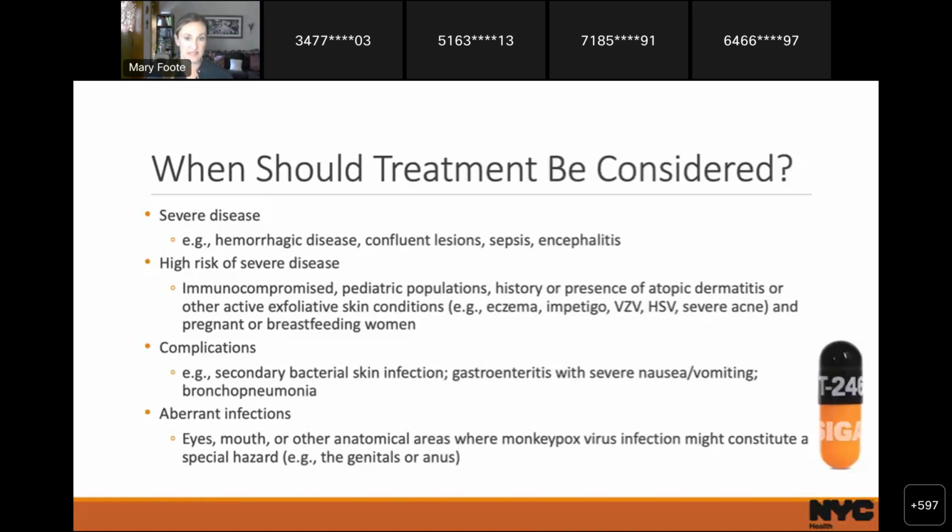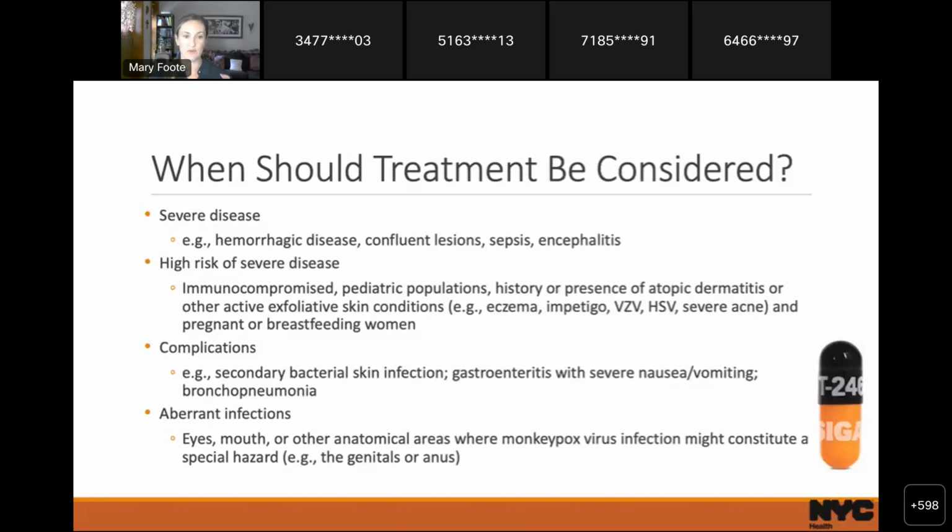So what patients should be considered for treatment? The easiest, most obvious one is patients with severe disease. That includes hemorrhagic disease, confluent lesions, encephalitis, potential for sepsis.